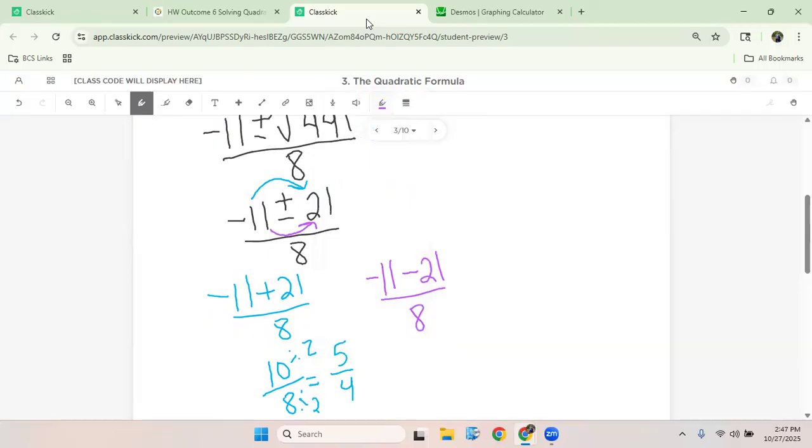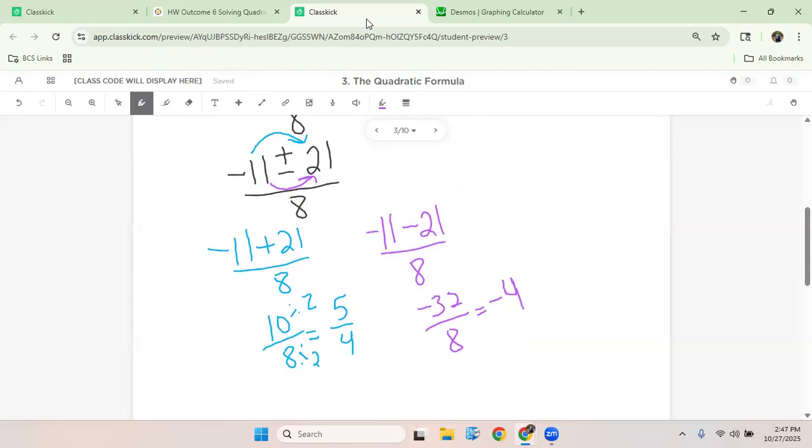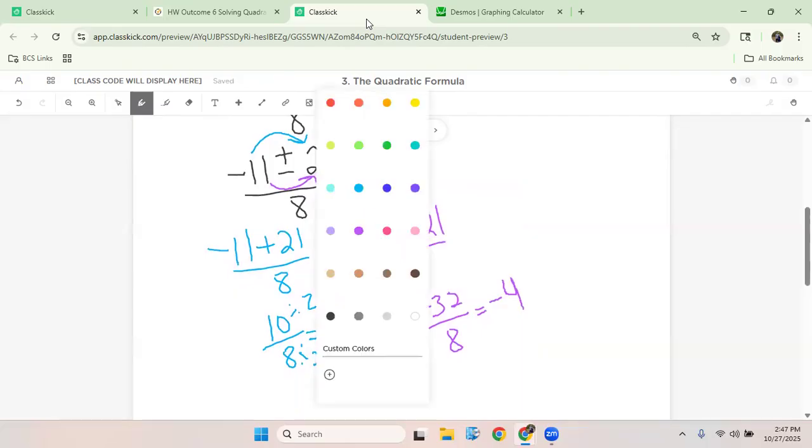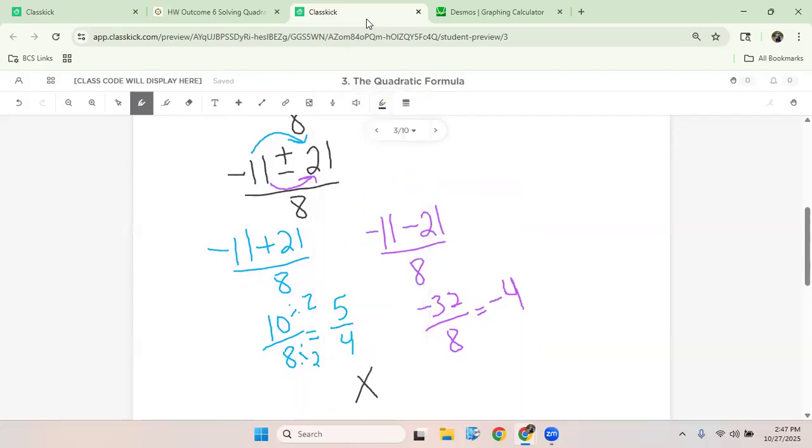We're going to make the next calculation, -11 minus 21, which is -32 over 8. -32 divided by 8. If we were to divide that, 8 goes into 32 four times, so it must be -4. Okay, so we have two answers. X would be equal to -4, and it would be 5 over 4. Those would be our two answers that we can go ahead and write.